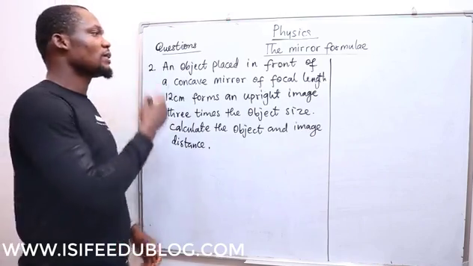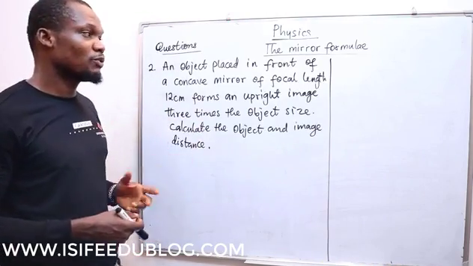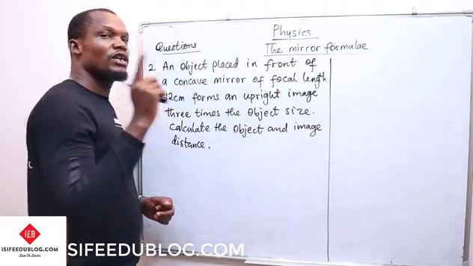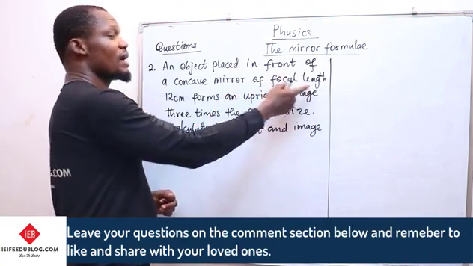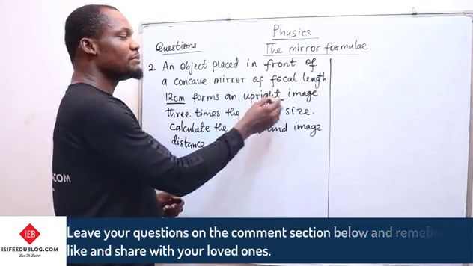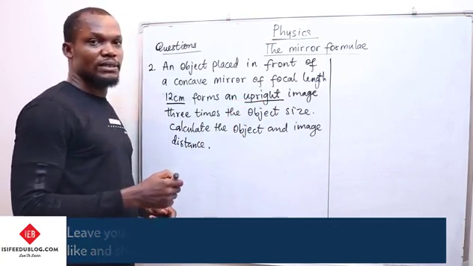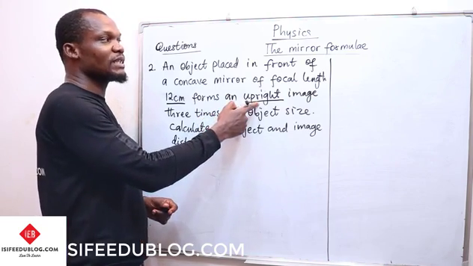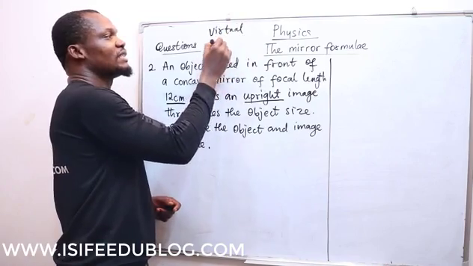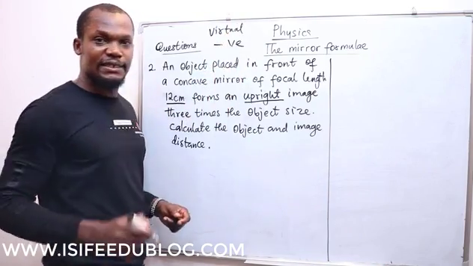Okay, let's take a look at the second question, another JAM question. An object placed in front of a concave mirror of focal length 12 cm forms an upright image. Very important. When you see an upright image, it means that the image is virtual, and hence V has to be negative.